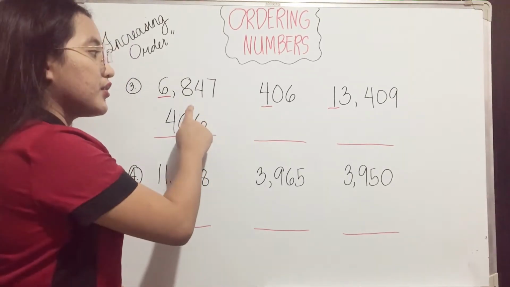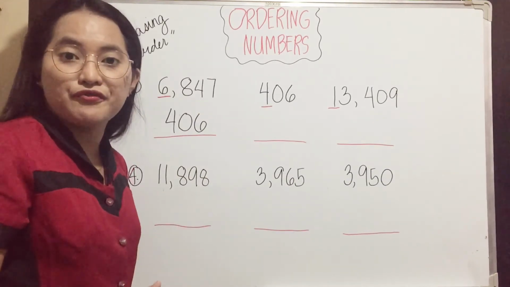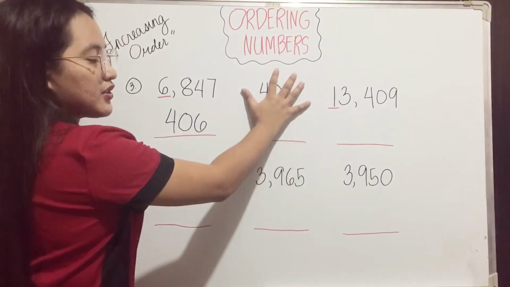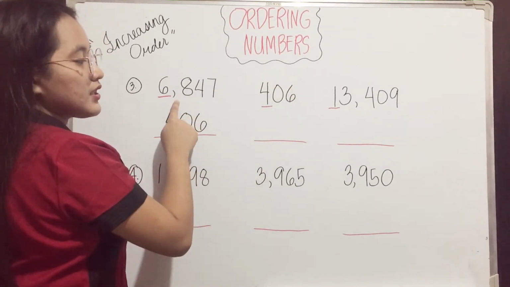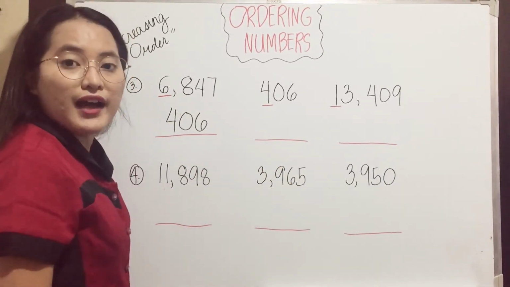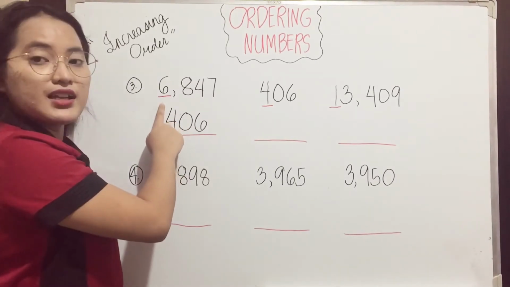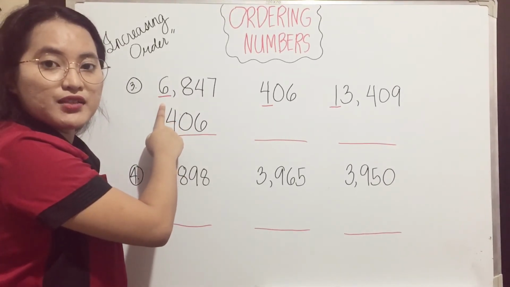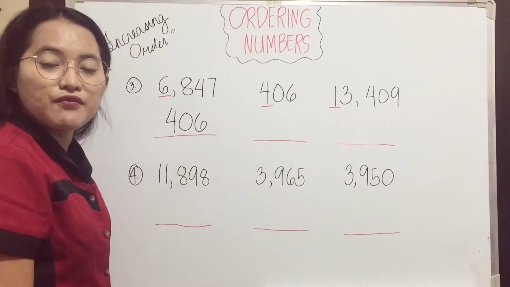If the given numbers don't have the same place value. Now, 406 is already taken. We remain with 6,847 and 13,409. Now, according to you, 6 is under the thousands place value and 1 is under the 10,000s place value.